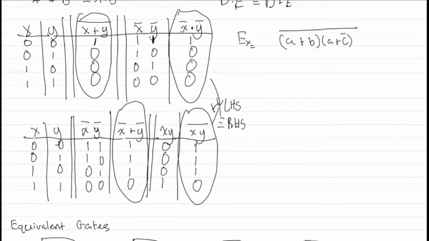So let's look here. What should our first step be? Well, you realize that we can use these two things as an individual x and y. So now when you look at it, we have the equivalent of x and y inverted.